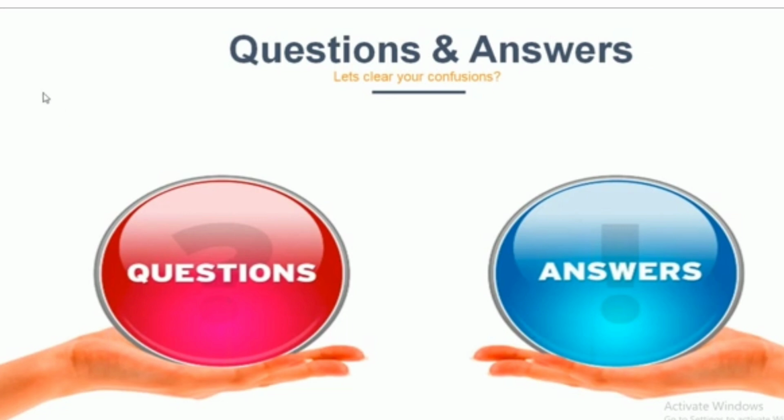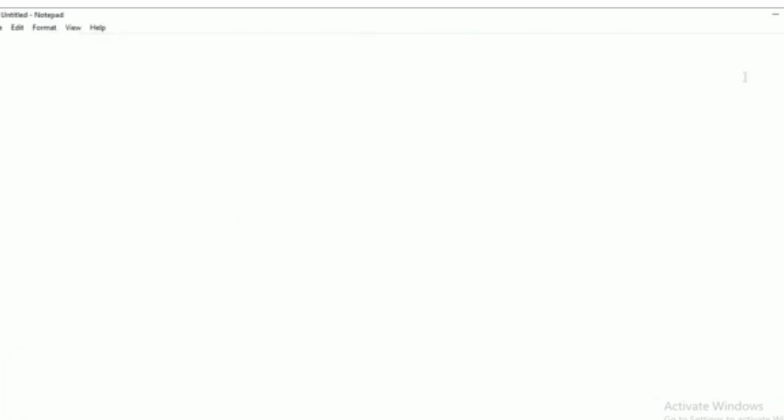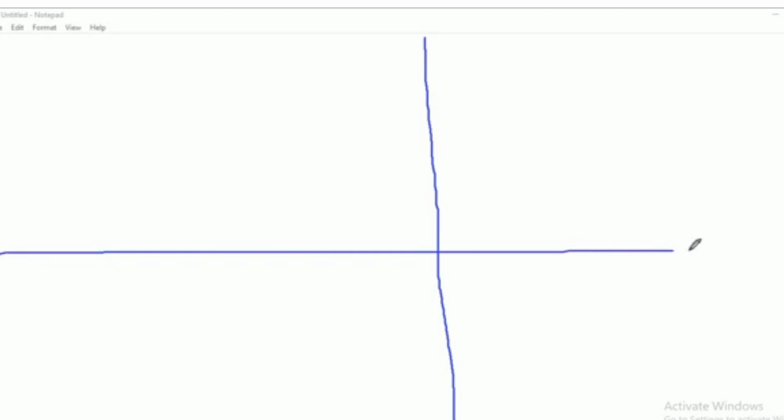Okay, so I will pick up one interesting question applicable to everyone. One of our friends is asking, Ashok, can you mark all those 4 different FTRs in a single sheet?